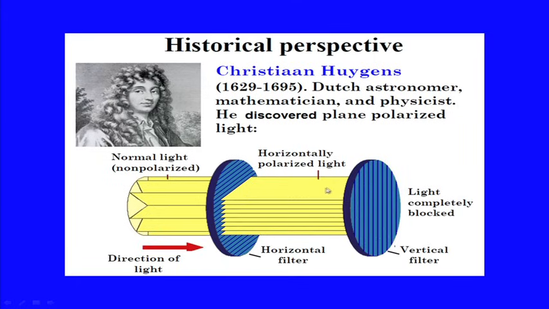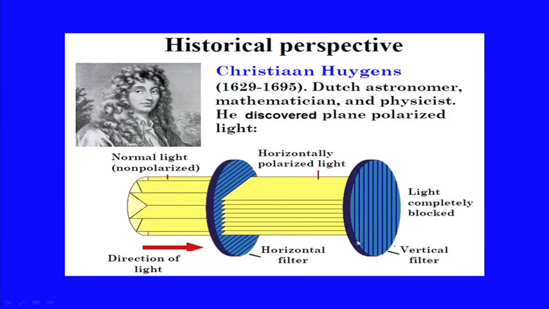So, this plane polarized light, if you take another crystal which can also produce plane polarized light, but what happens if you now have this crystal or this plate aligned in such a direction that it will have the plane of polarization perpendicular to the plane of polarization that this crystal is generating? So, in that case what happens? This will completely block the propagation of the light on the right side.